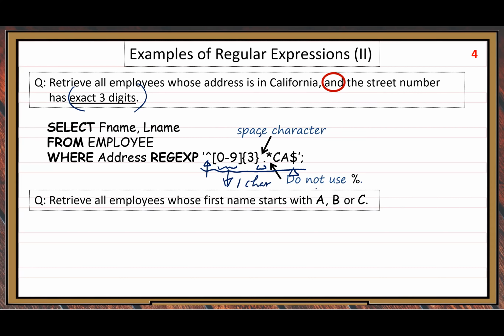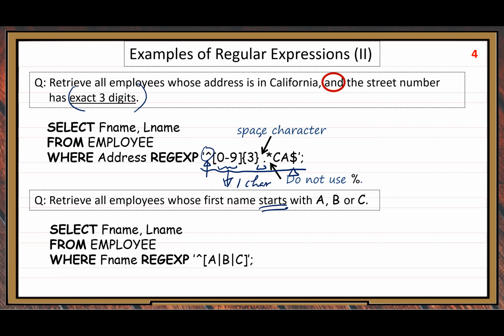Second question. Retrieve all employees whose first name starts with capital A, B, or C. That should be pretty easy, right? For starts, we know we have this hat symbol we can use to match the start.